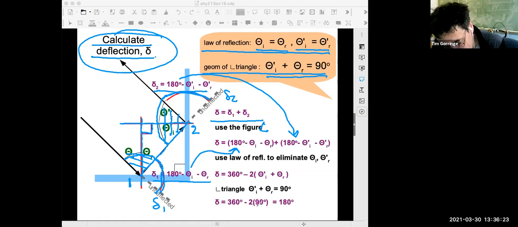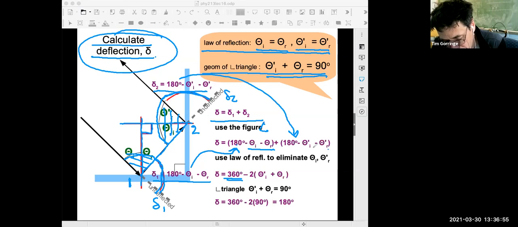When I plug them in, I did a couple of things, a little bit of rearranging. I saw I got 180 degrees here and 180 degrees here, so it's 360 degrees. That's not hard. I eliminated theta I. I replaced it with theta R because they're the same. So this is actually minus 2 theta R's.